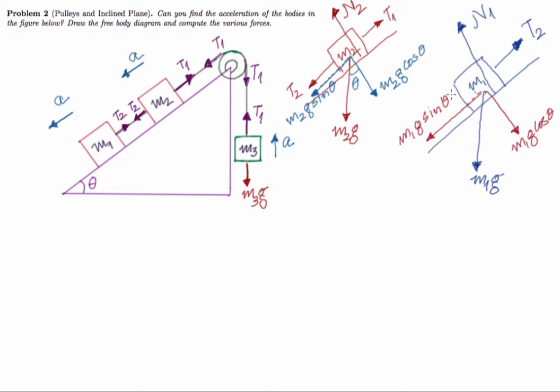Alright, so now we just have to write the acceleration equations. Note that for both M1 and M2, there is no motion perpendicular to the incline, so N2 is equal to M2g cos theta, and N1 is equal to M1g cos theta.